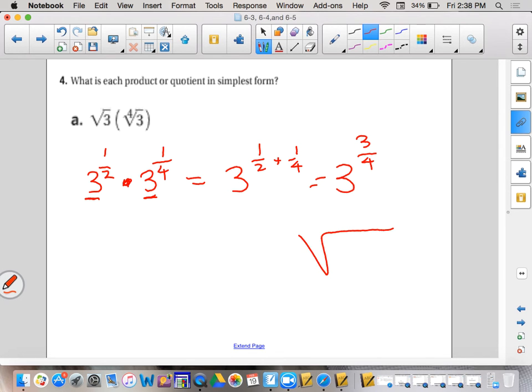So what is my radical going to look like? The 4th root of 3 raised to the 3rd power. So what is 3 raised to the 3rd power? 27. So the 4th root of 27. A half plus a fourth gives me 3/4.